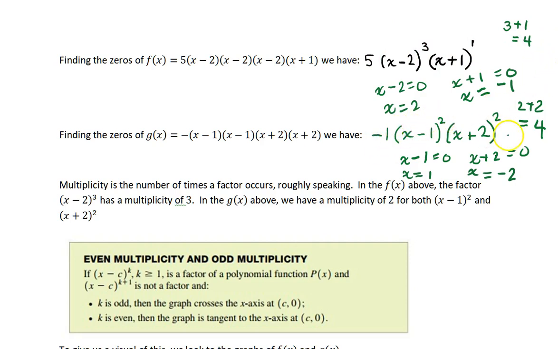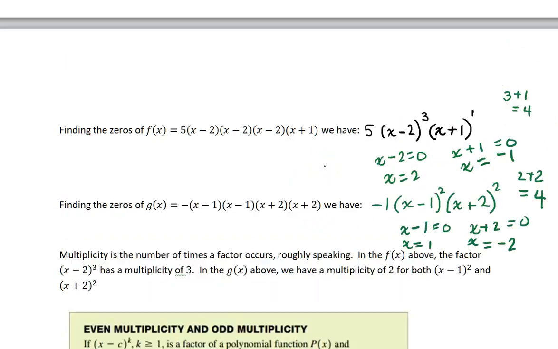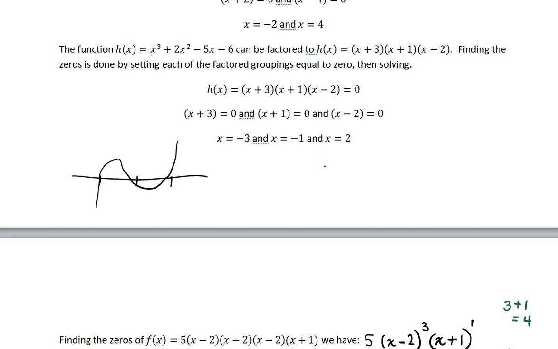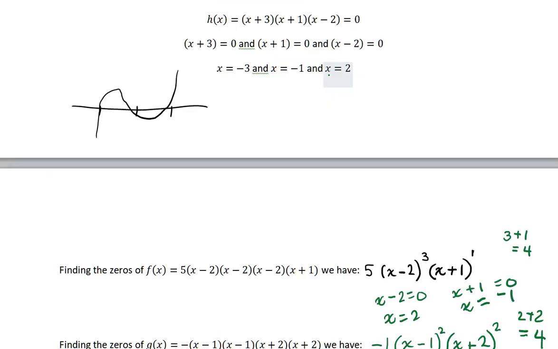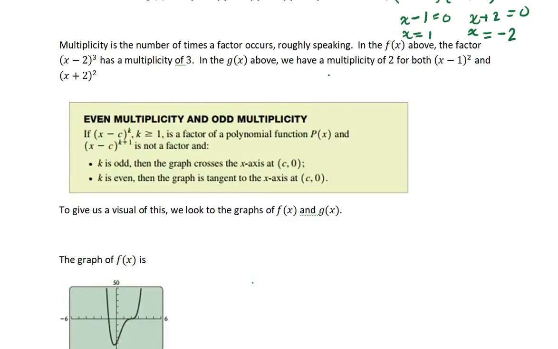This is again 2 and 2, that's going to get me a 4th degree. Up above, each one of these had a multiplicity of 1, right? So all of those are actually going to cross the x-axis, it's helpful to know that, okay?